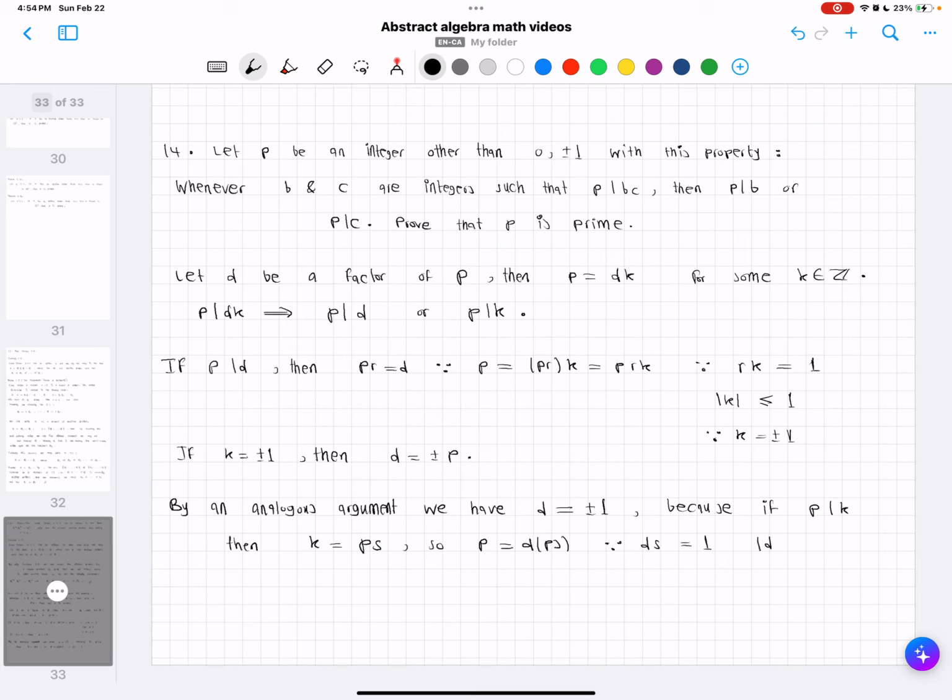So the absolute value of D is less than or equal to 1, but as D is an integer, D is equal to plus or minus 1.